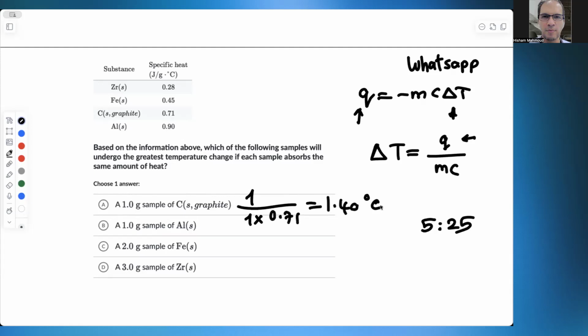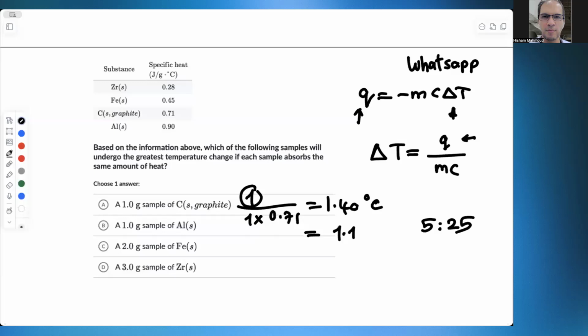The second one, aluminum, will do the same. It will become 1 over 0.90. So aluminum is equal to 1 over 0.90. Why did you put 1 here, Mister? Because their Q is the same for all of them. So I put any number which is fixed.